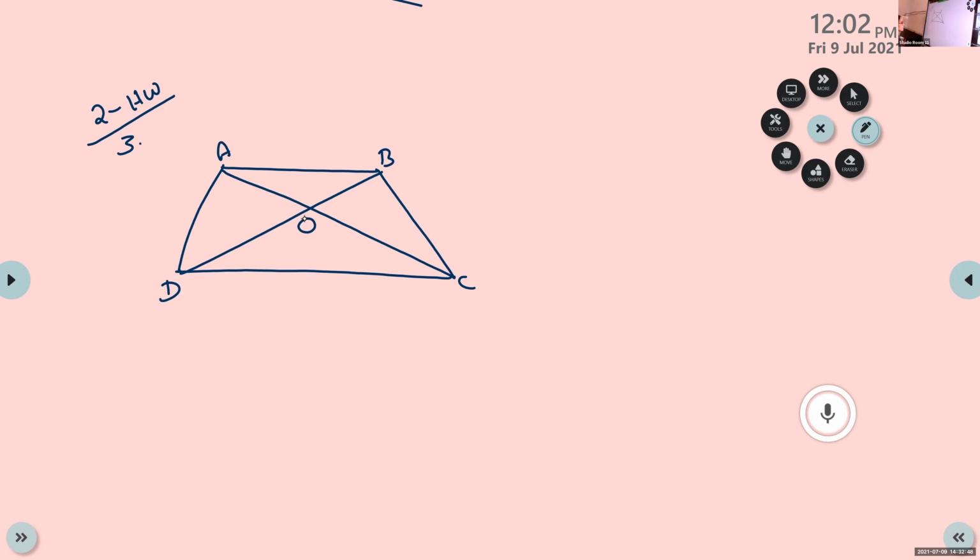Write the question and draw this figure. Diagonals AC and BD of a trapezium ABCD, with AB parallel to DC.